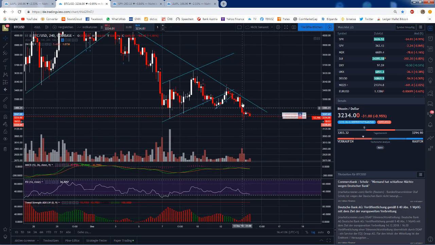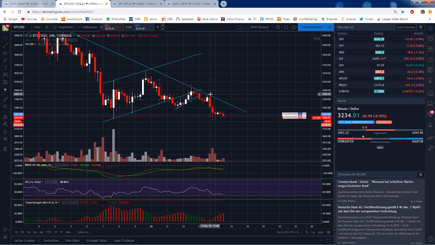As you can see, I went short here, or on this candle, since it broke support of this candle, and exited my position down here.